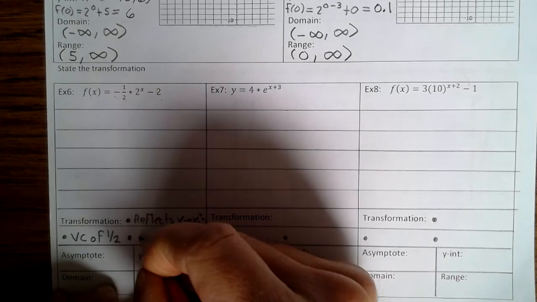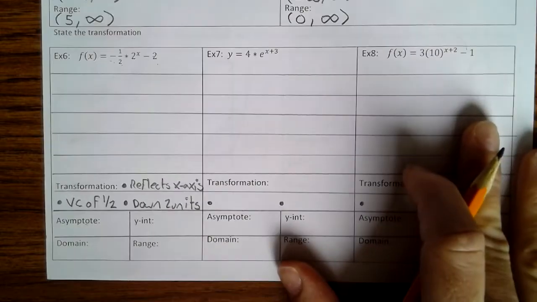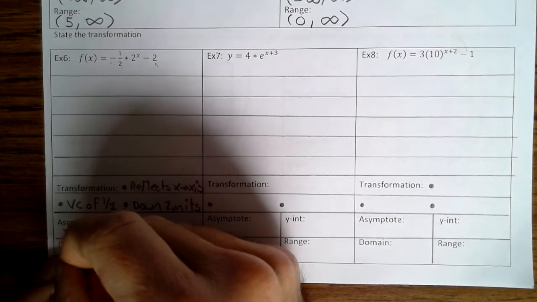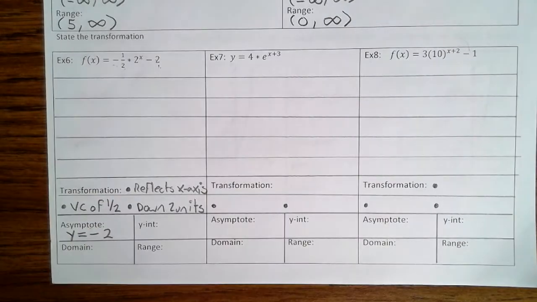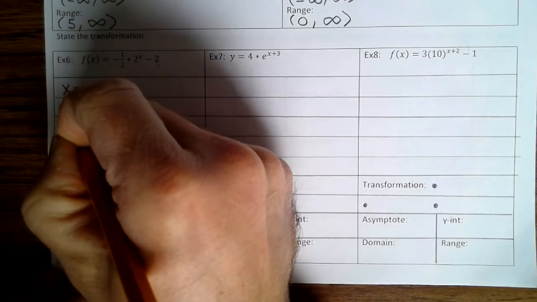Okay. Now it says find the asymptote. The asymptote is this number right here. So y equals -2. Okay. Now to find the y-intercept, we know that's when x is 0. So when x is 0, that's f of 0 equals -1 divided by 2 times 2 to the 0 minus 2, which equals.